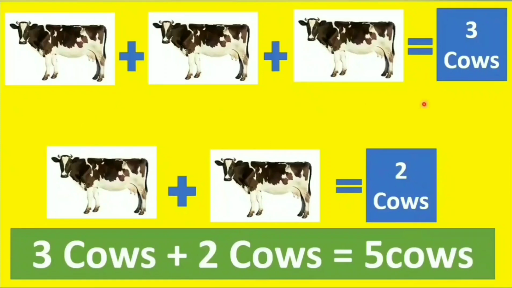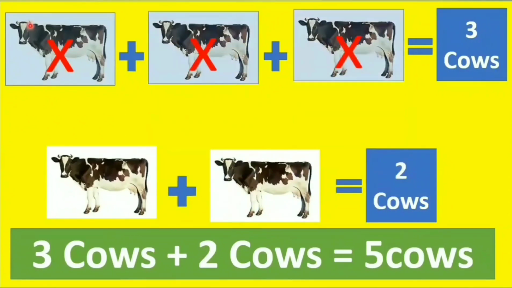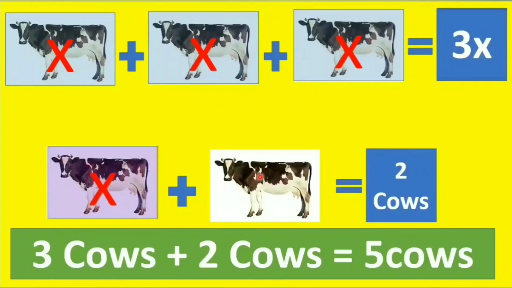See here, it is cow. Here, there are another 2 cows. The unit is same. These are also cows. If we replace these cows with x, see, here there is one x, here there is another x, and here there is another x. Then what will be the result? 1 plus 1 plus 1. Here it is 3x. Again, if you replace these cows with x, here is 1x and here is another x. So what will be the result?